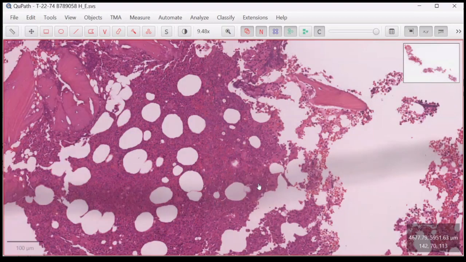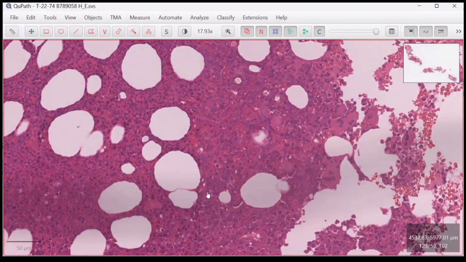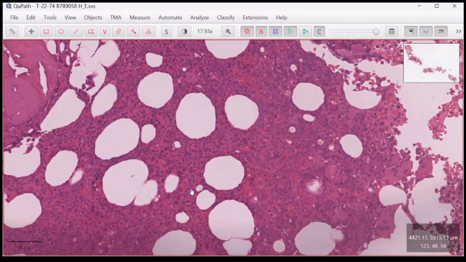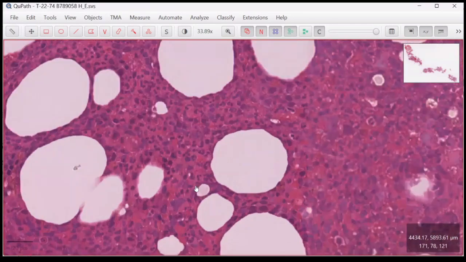Normally within 2 to 3 weeks post chemo, you still have some degree of marrow edema, proteinaceous material in the background, and reduced marrow spaces. But after 1 month, normally you can get normal marrow.